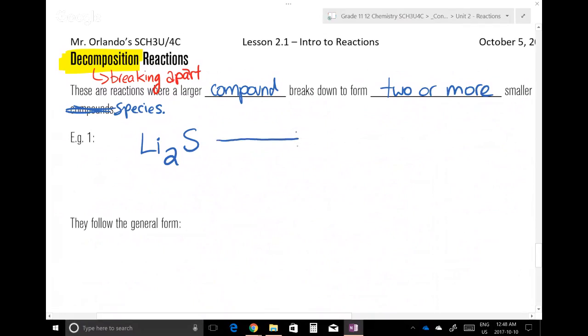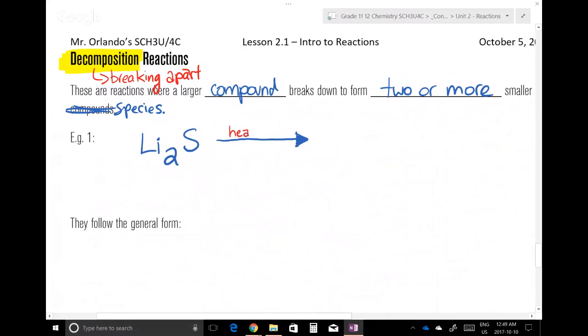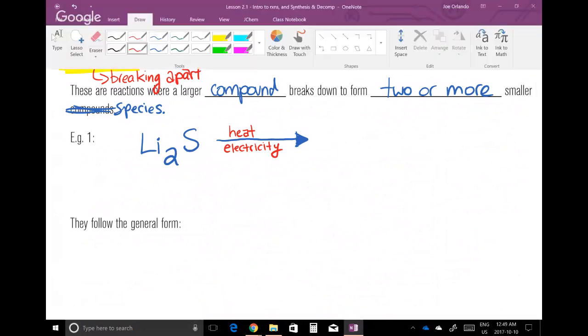Well, in a decomposition reaction, I'm going to break these apart. And to make them break apart, I've got to do something. A decomposition reaction always requires some kind of input to make it happen, and often it's just a bit of energy. Maybe a bit of heat will make the reaction start. Sometimes it could be electricity. It could be all kinds of different things, but something like that. In the case of lithium sulfide, heat will cause it to decompose.